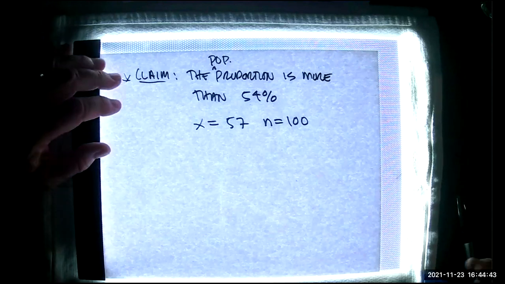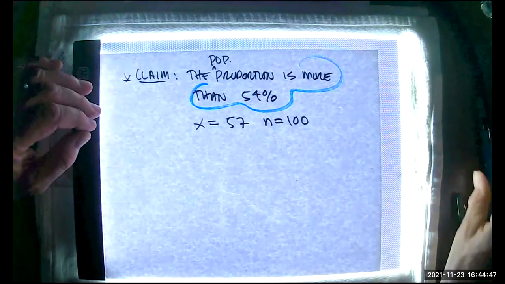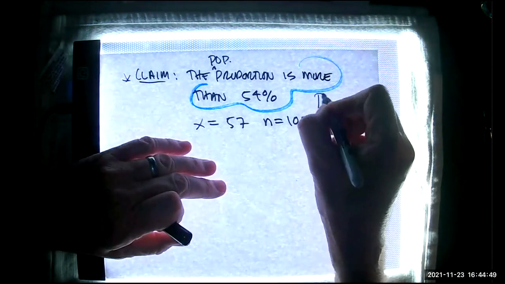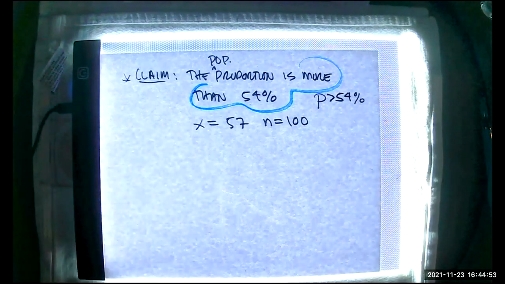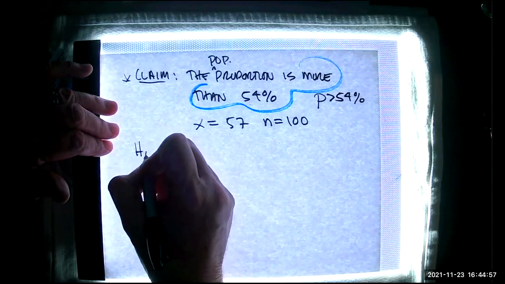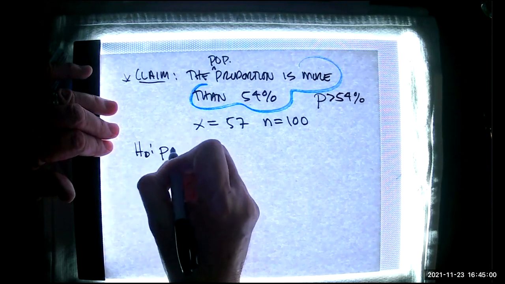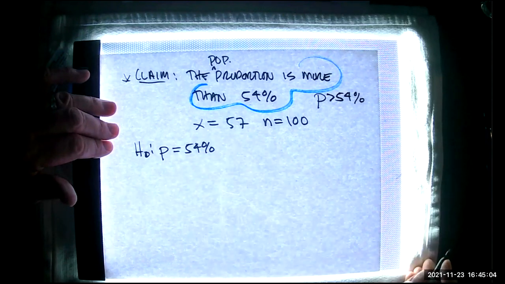So more than 54% translates as P is greater than 54%. So that means I've got my alternative hypothesis, and my null hypothesis, P equals 54%.